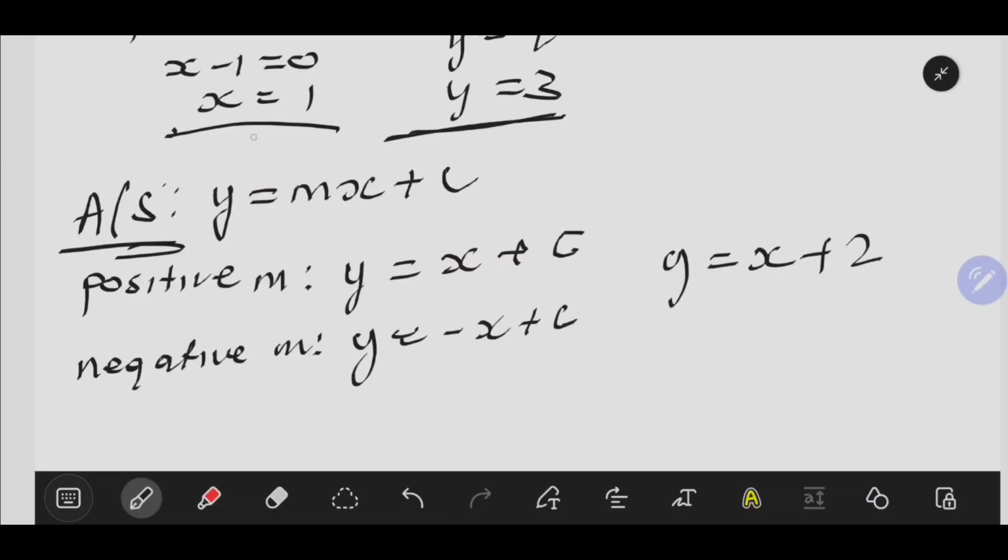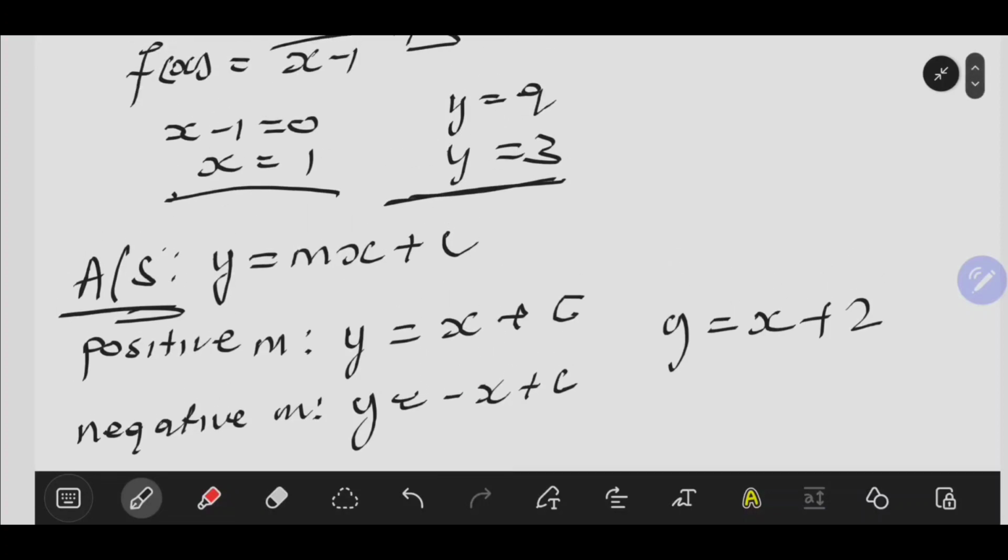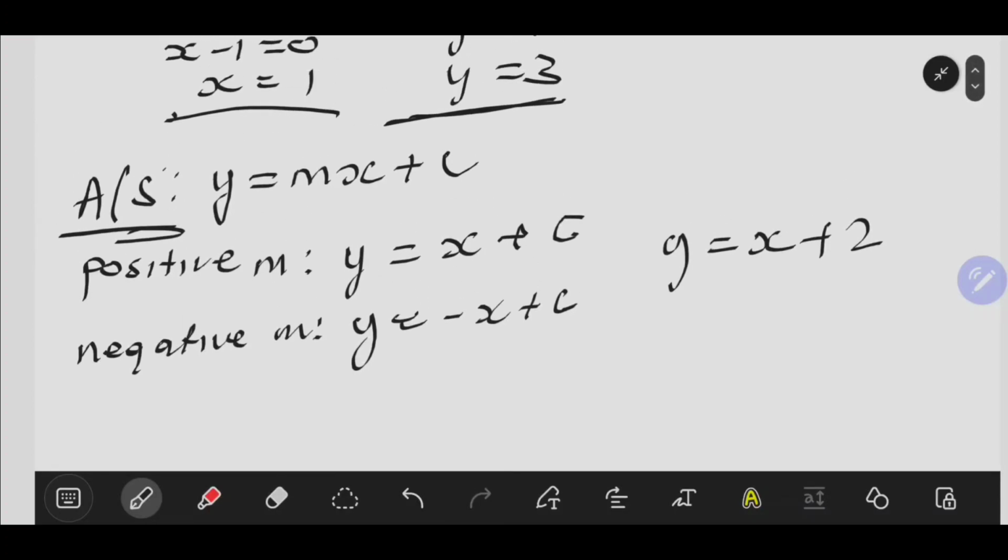For example here, if we wanted to find the equation for the axis of symmetry of this asymptote, we know our x asymptote is 1, and our y asymptote is 3.